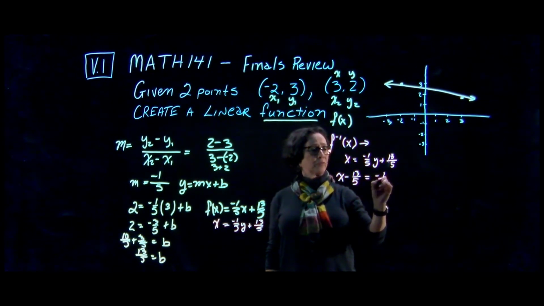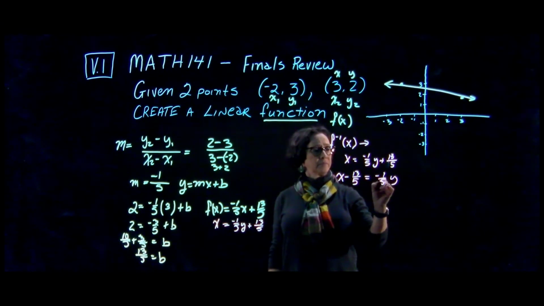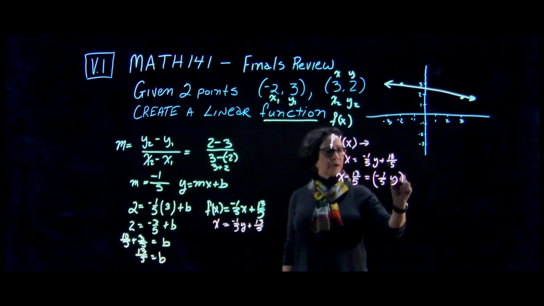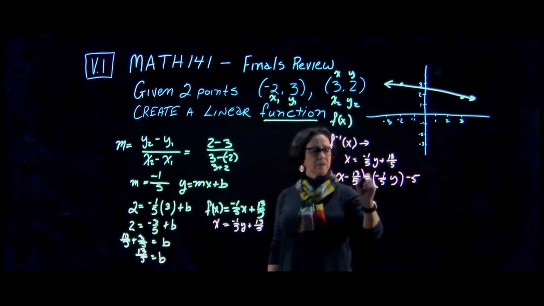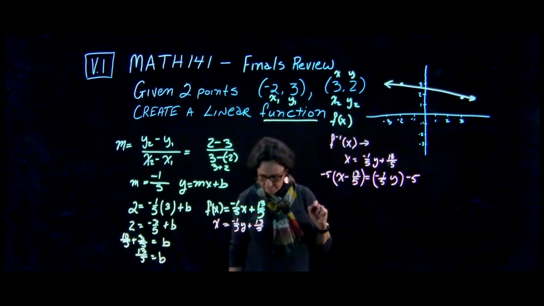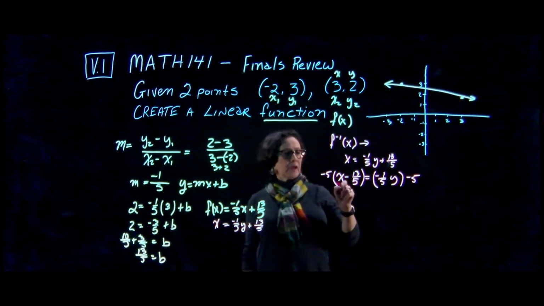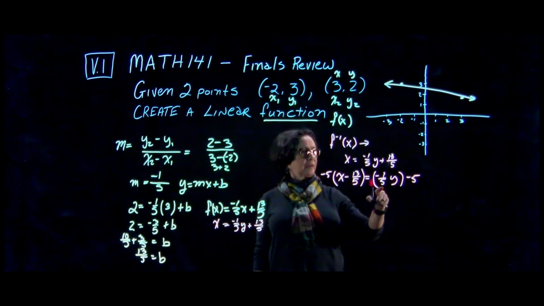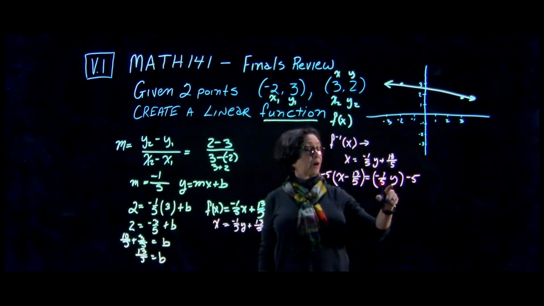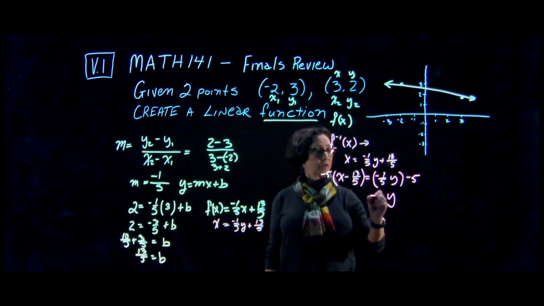That equals a negative 1/5 y. And then I'm going to multiply both sides by negative 5, and so that would get rid of the negative 1/5. That would make it a positive y over here.